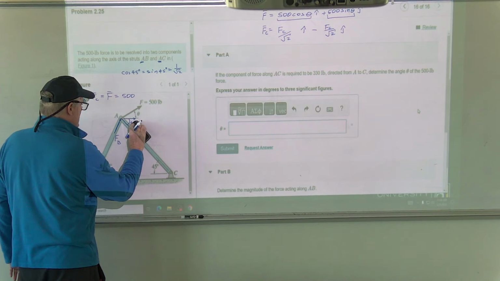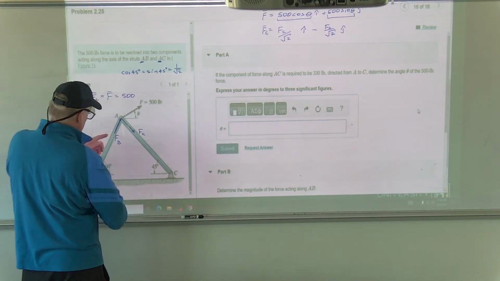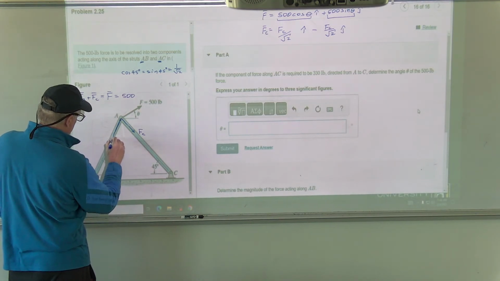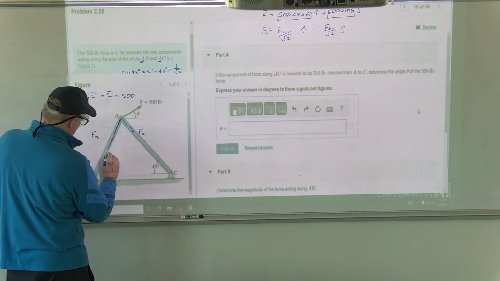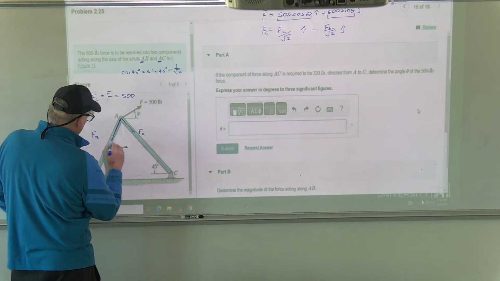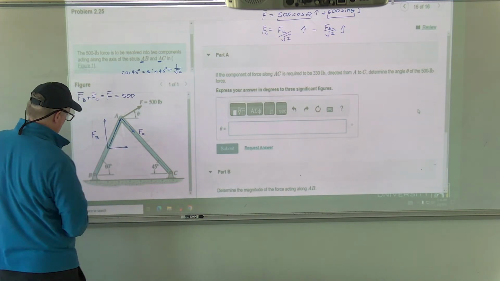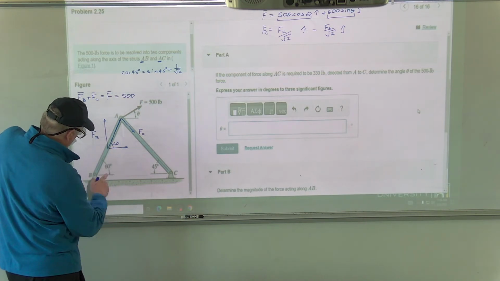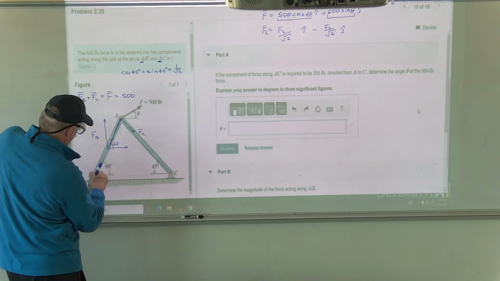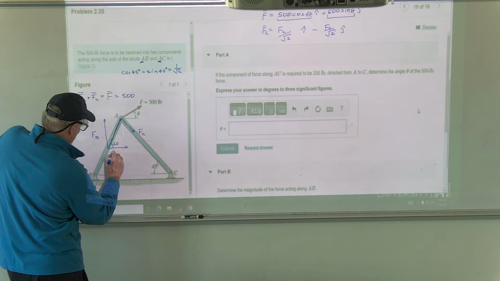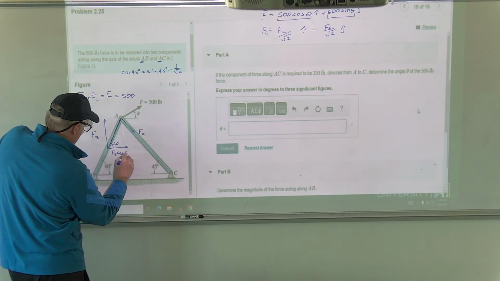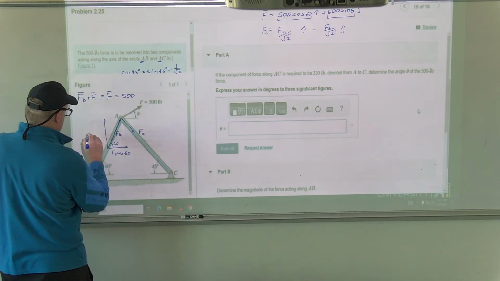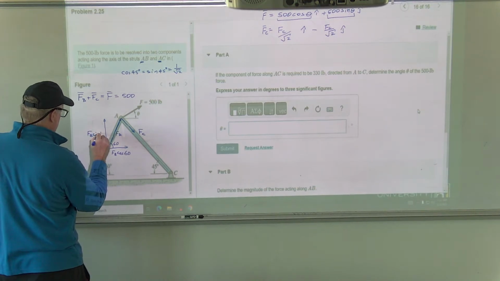So now I'm going to go back and work on the FB. And maybe what I'll do with the FB is I'll make it a little bit longer, just so I can have this, and I'll say it goes to this direction, and it goes up here. So, since this is 60, and that's the angle, if I just move this line to here, then that's the same line. So this would be FB cosine of 60. This would be your FB, and this would be FB sine of 60.